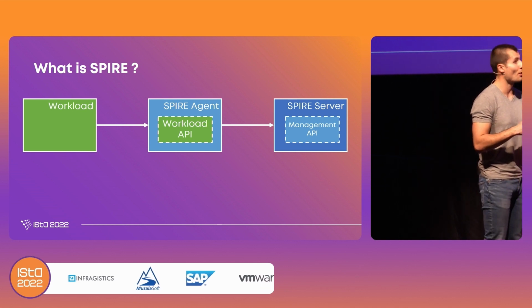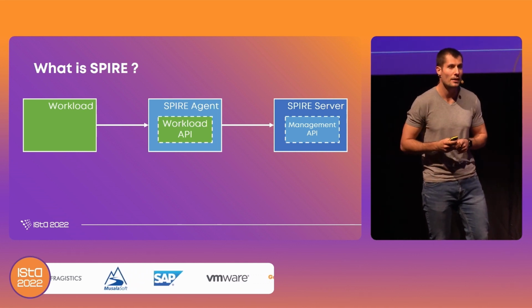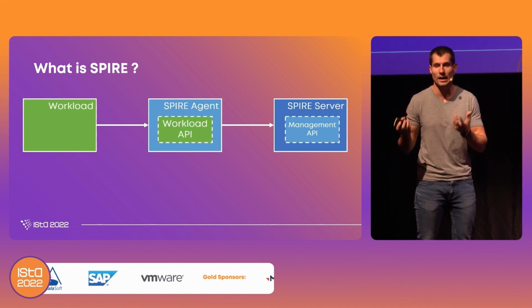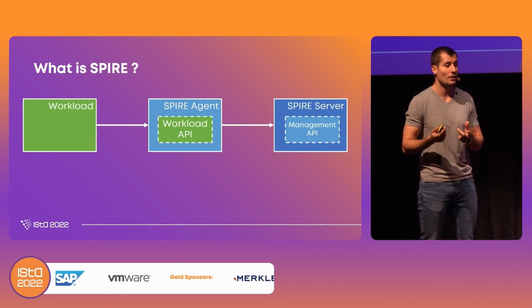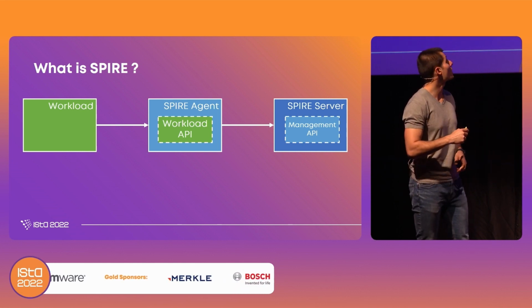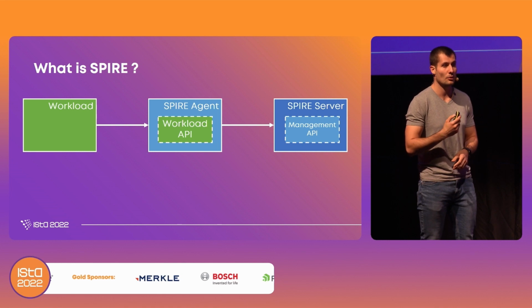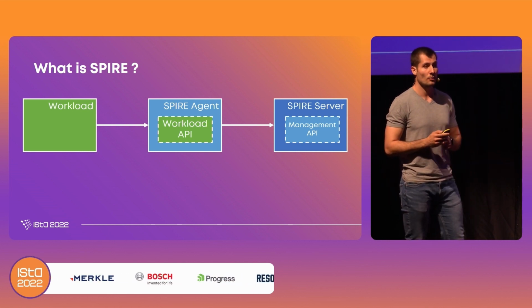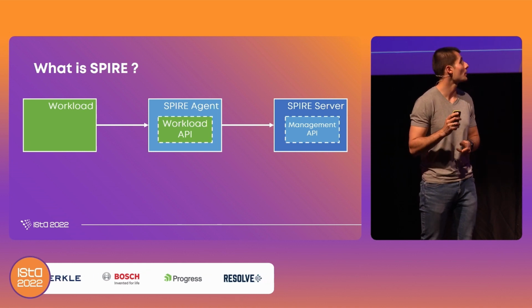This is the brain of the system. This is the control plane that actually holds the cryptographic key material to be able to sign identity documents and verify them, and it also contains additional metadata and information, which are the agents that belong to this server and which are the workloads that need to communicate or can communicate with this agent.